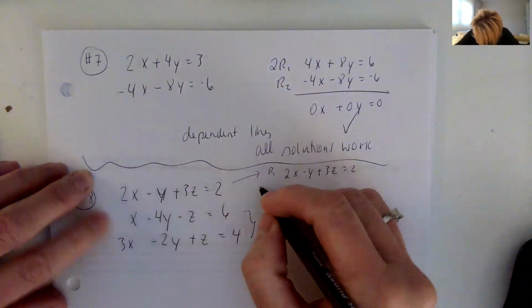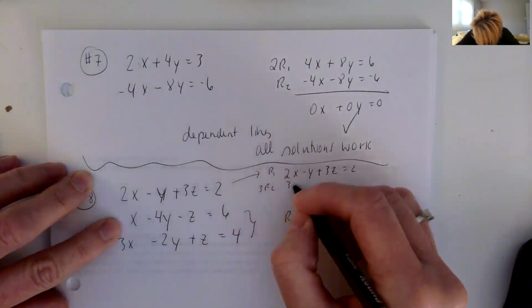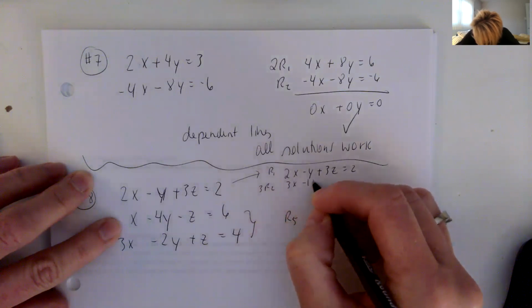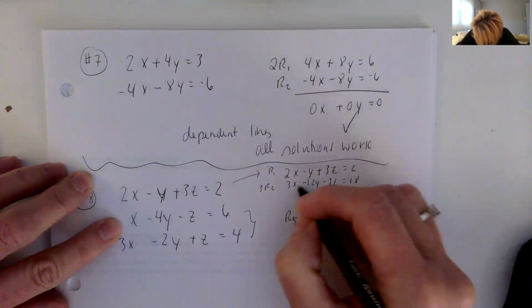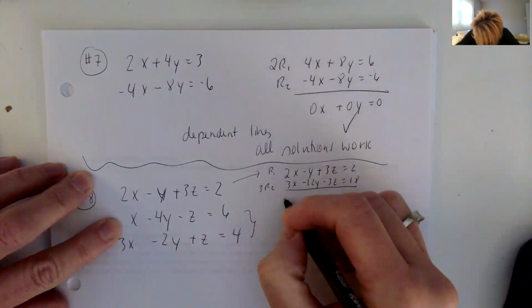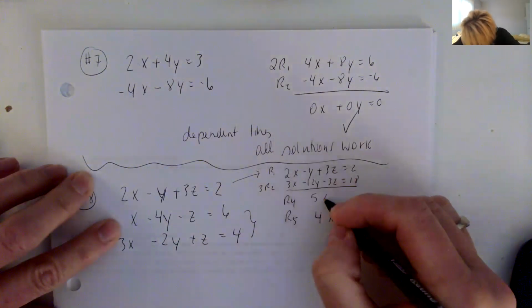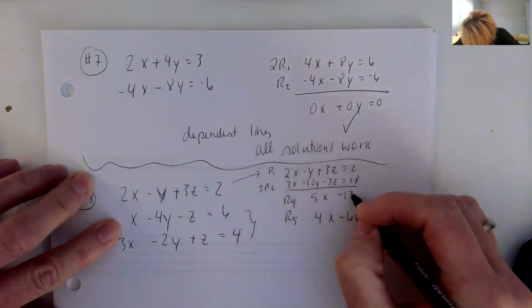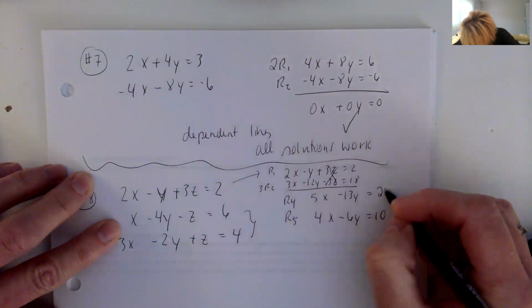So 3 times row 2 is 3x minus 12y minus 3z equals 18. And we're going to get row 4 from that. So that will give us 5x minus 13y, the z's cancel, equals 20.